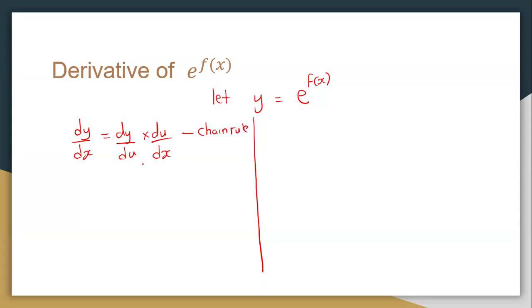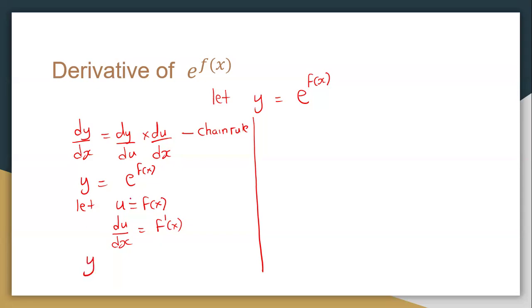Now, depending on the function, we have y equal to e^f(x). So I'm going to say let u equal f(x). Since in my chain rule I'm looking for du/dx, my du/dx will be the same as f'(x).